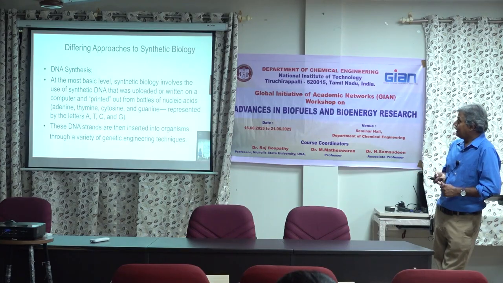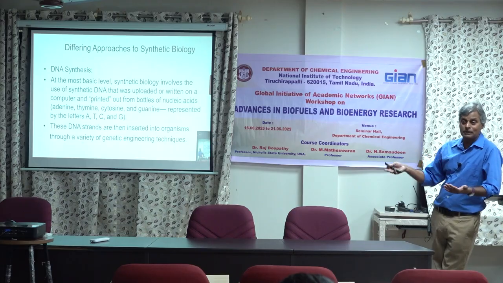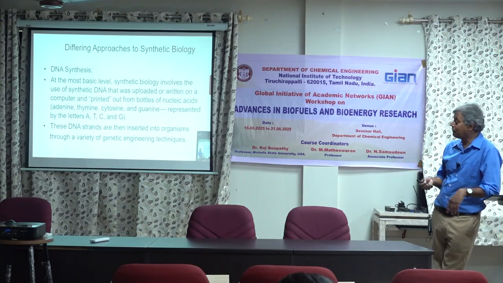So let's look at differing approaches to synthetic biology. You have DNA synthesis at the most basic level. Synthetic biology involves the use of synthetic DNA that was uploaded, written in computer code, and printed out from a bottle of nucleic acid. This nucleic acid, we created synthetically, not from nature.